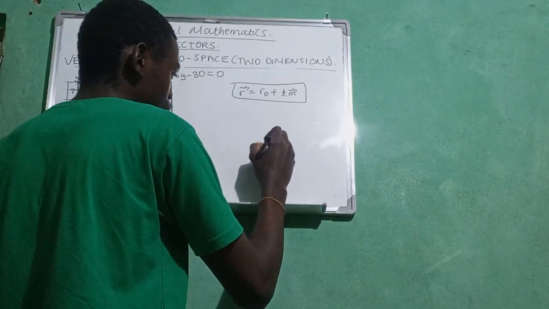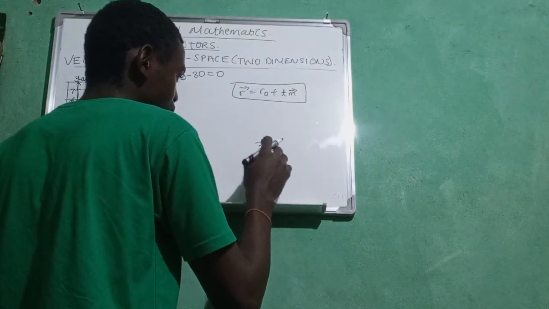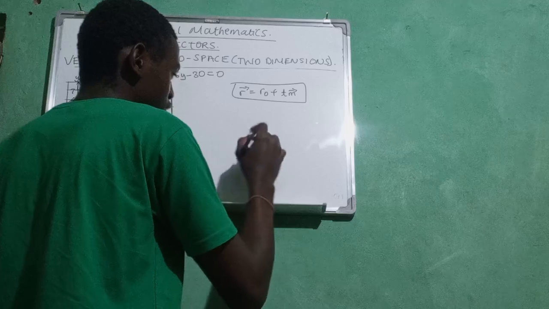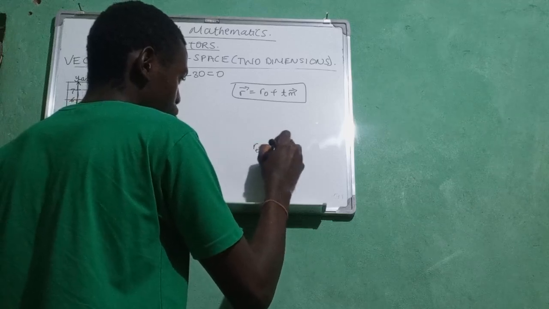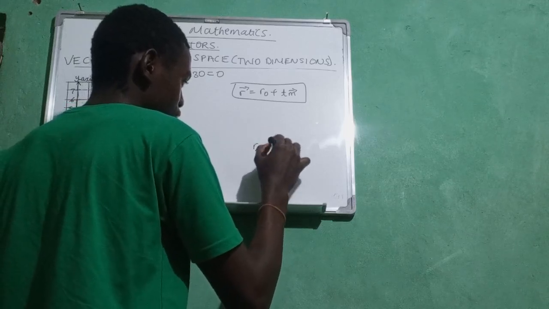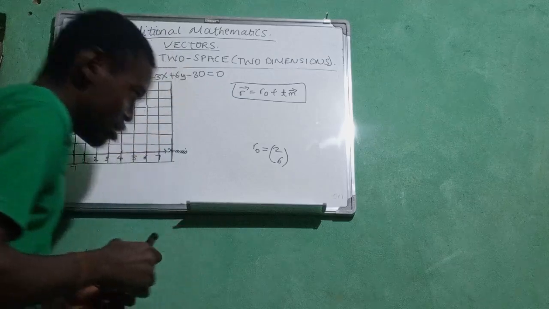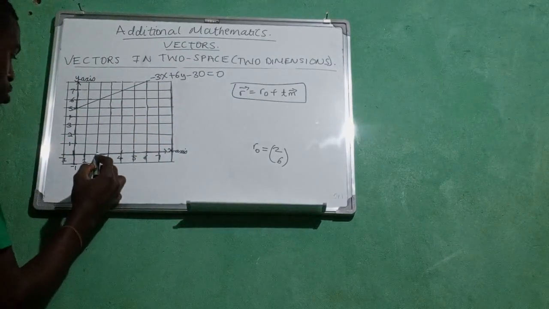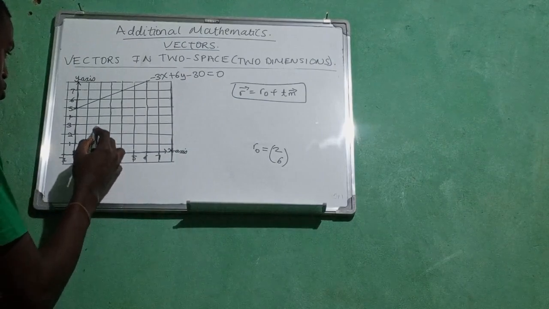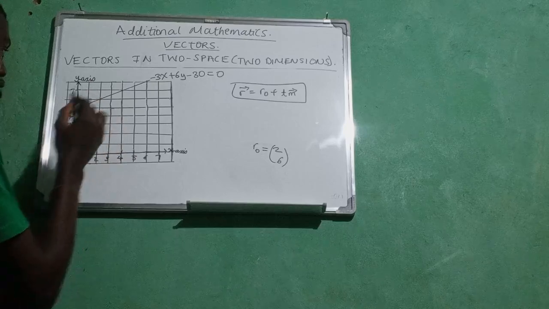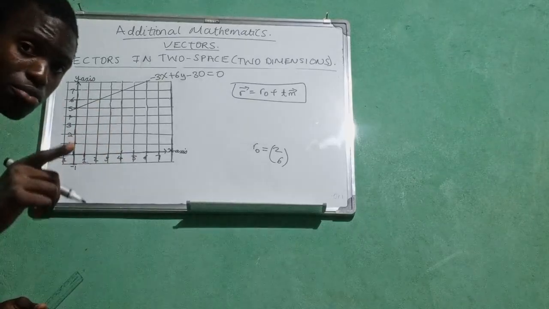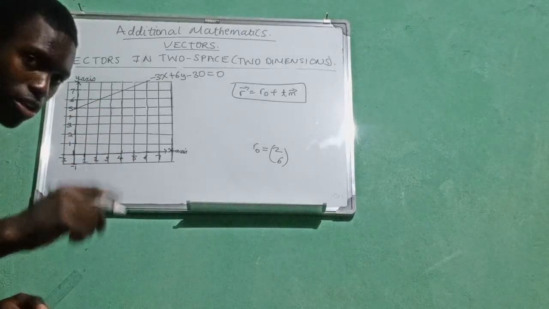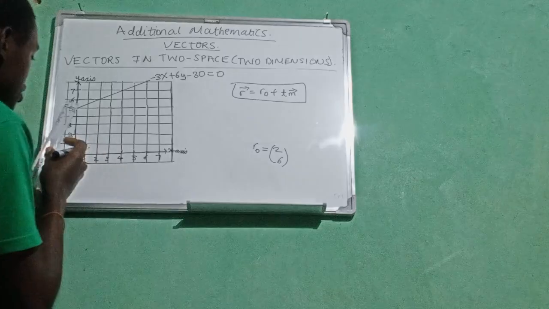Position vector 2, 6. So we can say r naught is equal to 2, 6. That can be our r naught. Because if we move 1, 2, then we move 1, 2, 3, 4, 5, 6, we'll find ourselves the position vector that has its tip on the scalar equation.